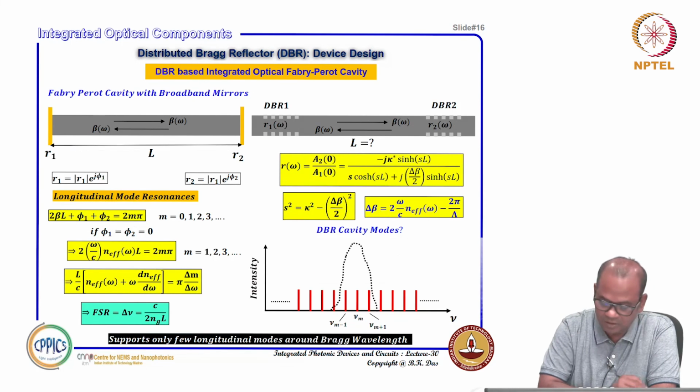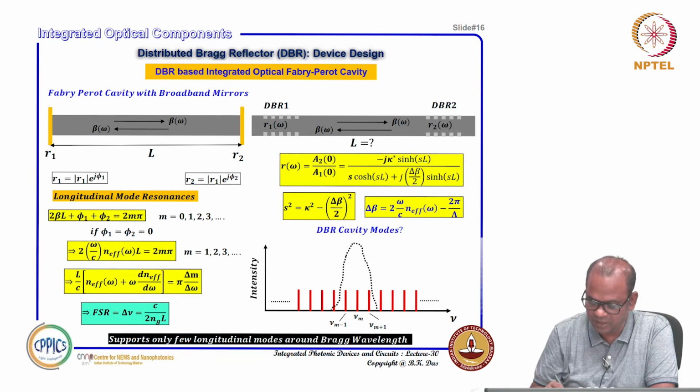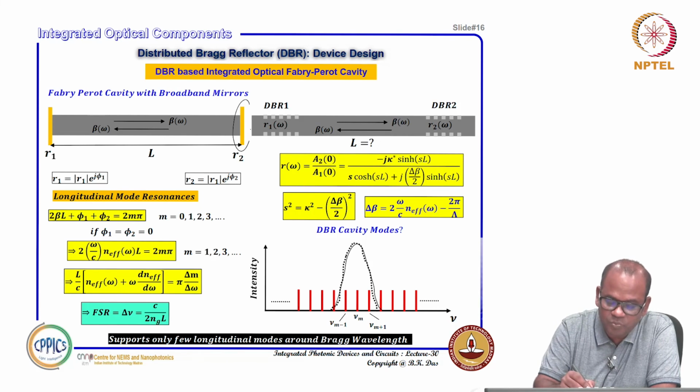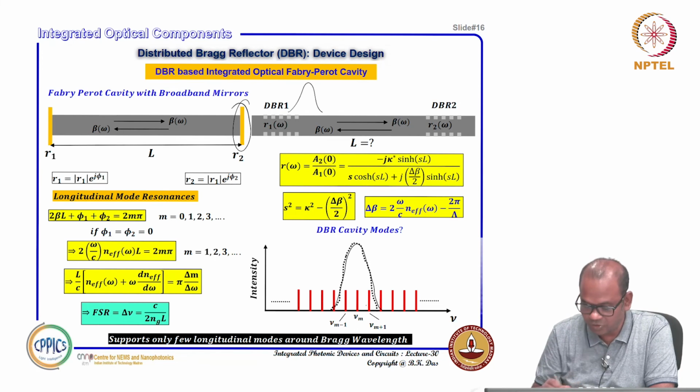Suppose this is your DBR response, and you know in a Fabry-Perot cavity the regular resonances are there, but this broadband mirror is replaced by a mirror like this. So, only this mode will survive in this particular example.